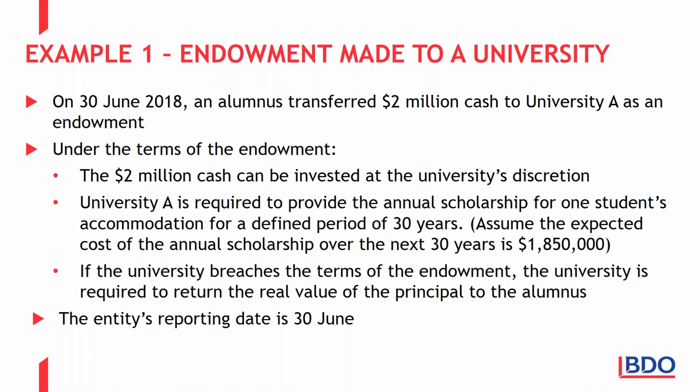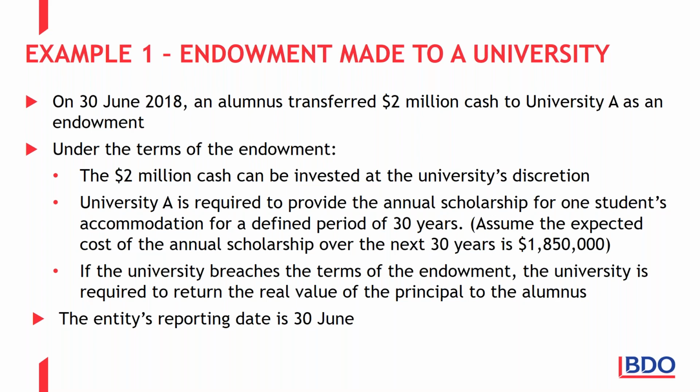So the terms of this particular endowment is, first of all, the 2 million cash can be invested at the university's discretion. University A is required to provide the annual scholarship for one student's accommodation for a defined period of 30 years. So we've done some calcs and we got the actuaries involved or corporate finance, and they said that the expected cost of this annual scholarship over the next 30 years is 1.85 million.